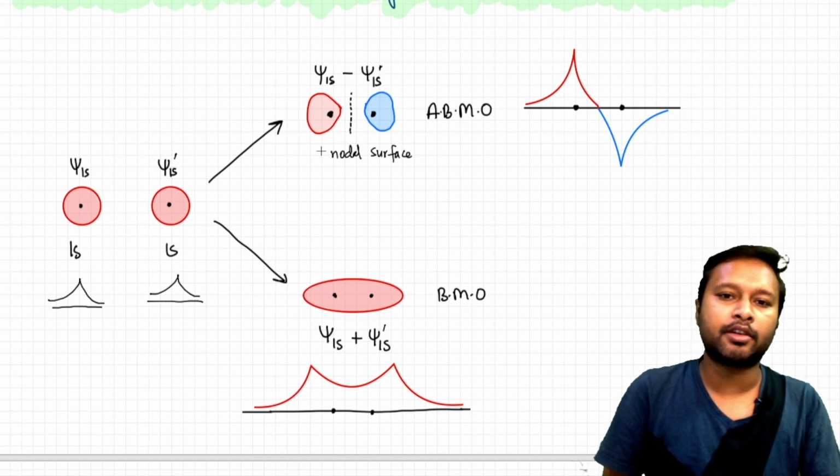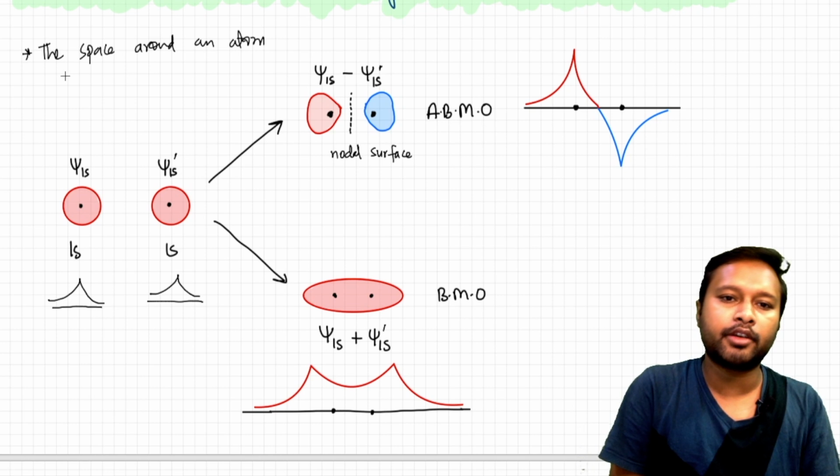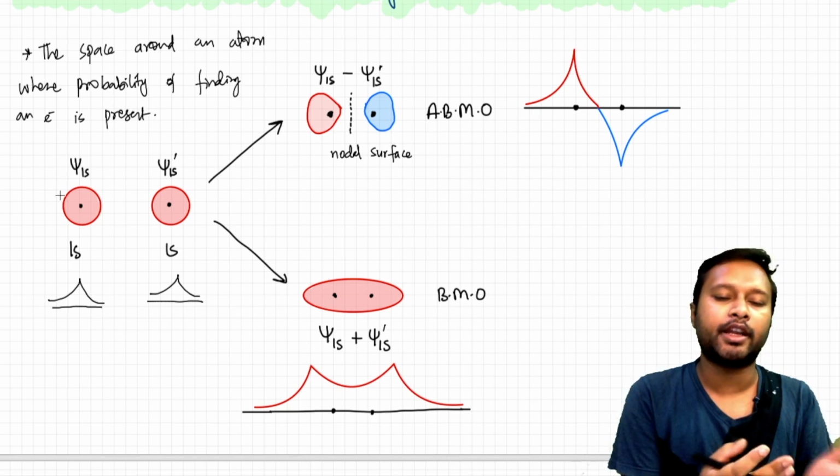Let me write it down here: the space around an atom where there is some probability of finding an electron.